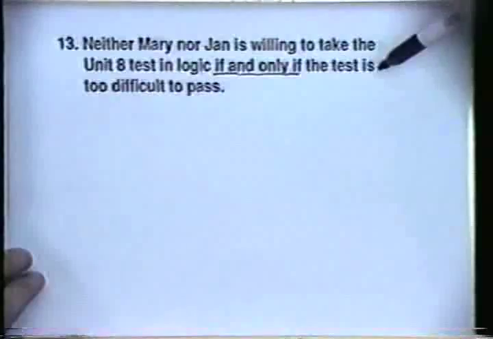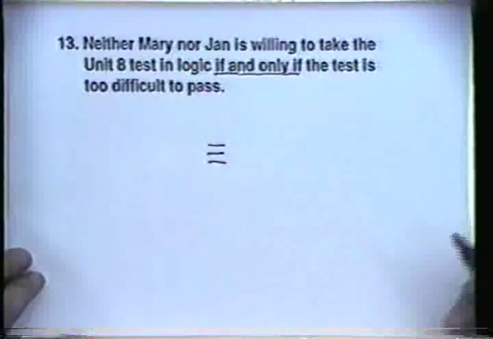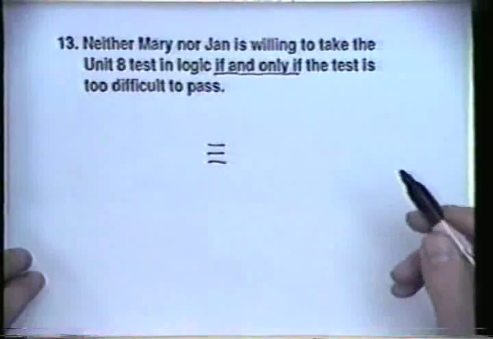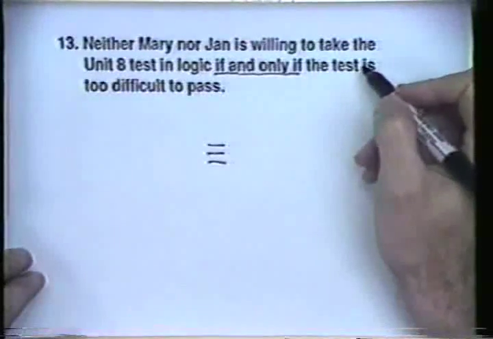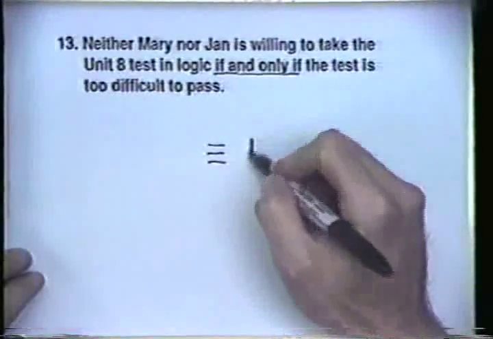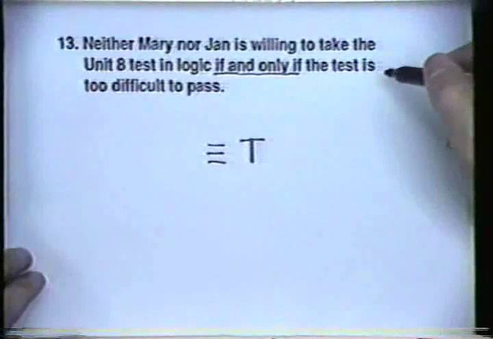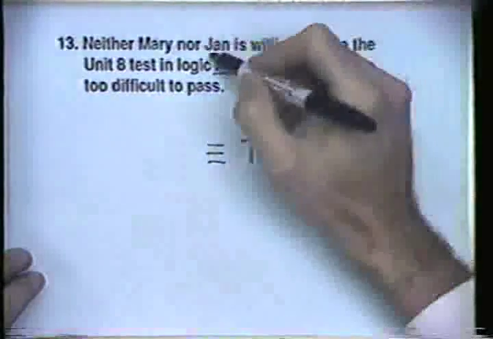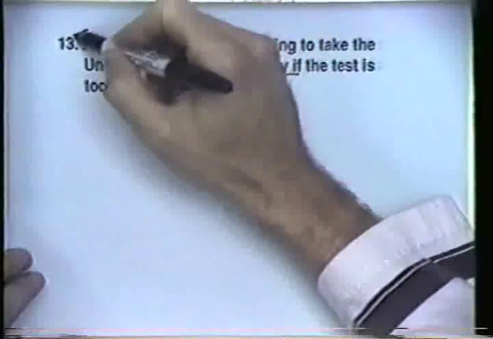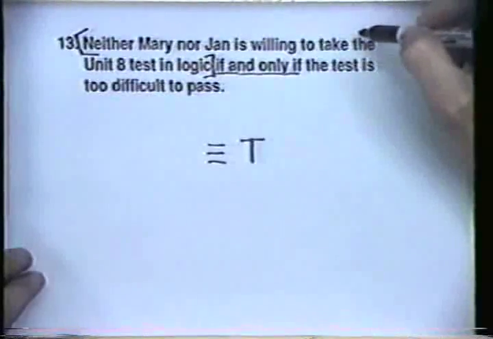So let's start with the easy part. We know we're going to have the biconditional as the main connective, and we know that we have an atomic sentence, the test is too difficult to pass, so let that be symbolized by T. This is the right hand. Now we can focus on translating what's left over, the neither Mary nor Jan part.